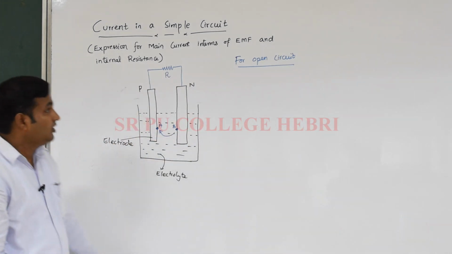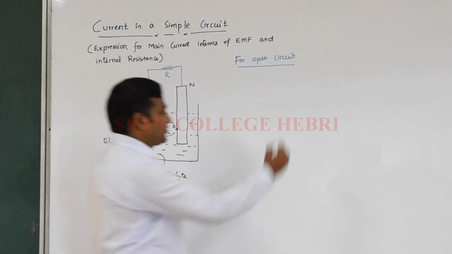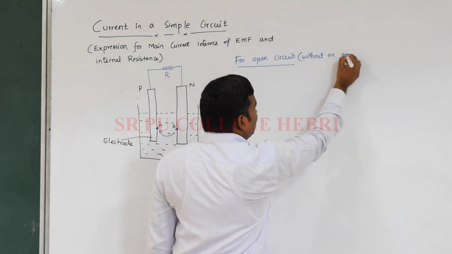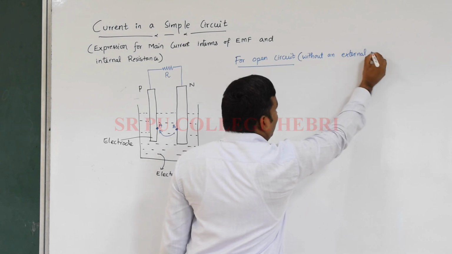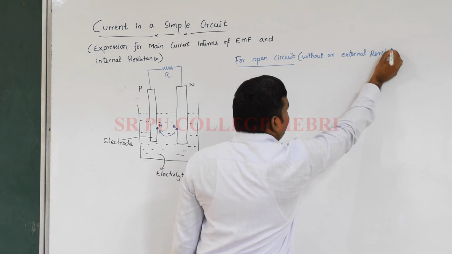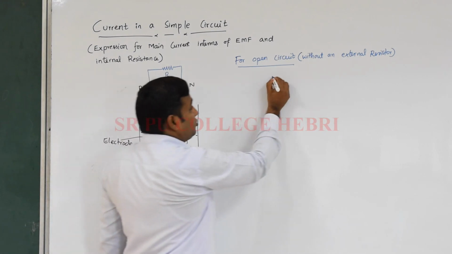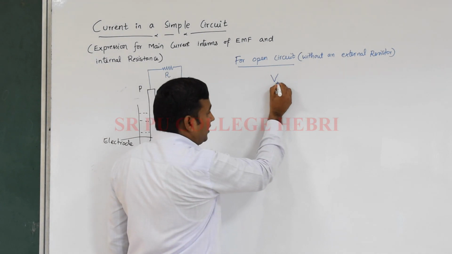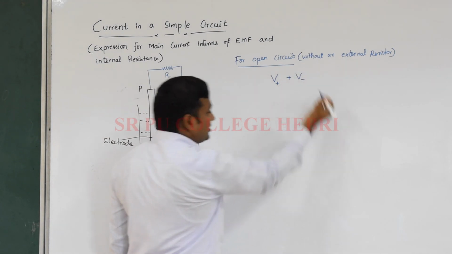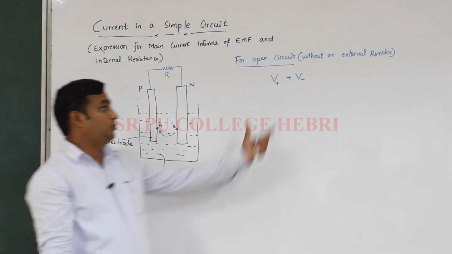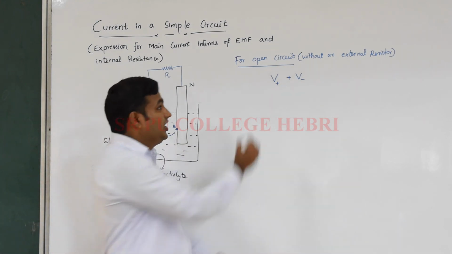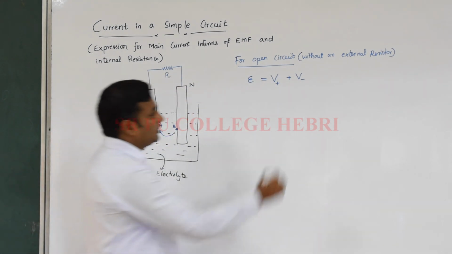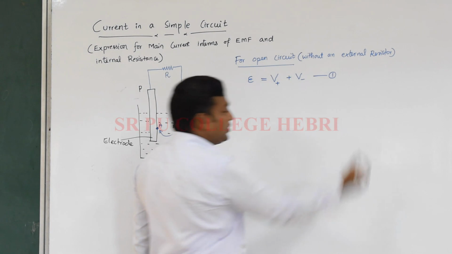For an open circuit, that means without an external resistor, the potential difference between the positive and negative electrode, taken as V plus and V minus, itself is called EMF if the circuit is open.